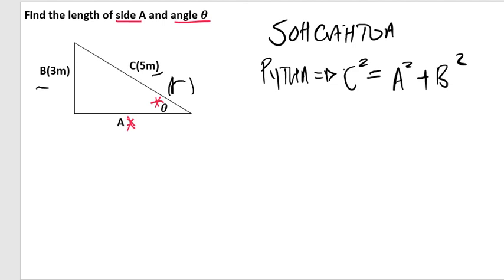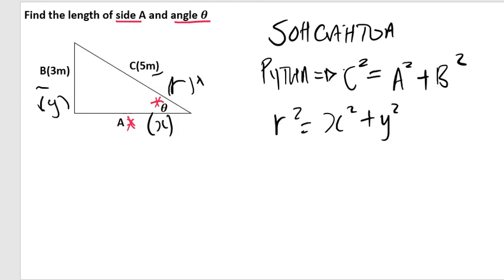Or normally they write it as r squared equals x squared plus y squared, where y is this side here, x is this side here, and r is this side. So this is your standard formula for Pythagoras theorem.